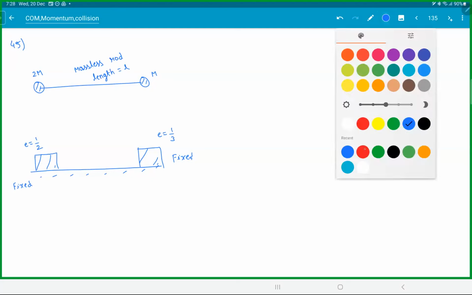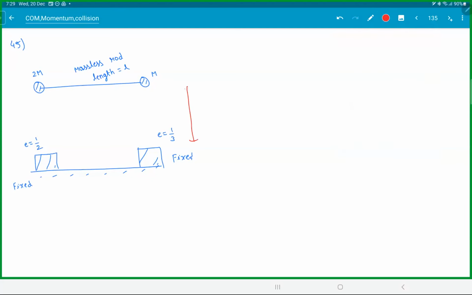And this dumbbell is dropped from a height h. So what will happen? They will fall straight, right? The rod will be straight only. And they'll go and hit the supports there. Now, because e is not the same, both of them will bounce back with different velocities. This will make the rod rotate. Find H max of center of mass after collision. Find angular velocity and tension in the rod just after collision.